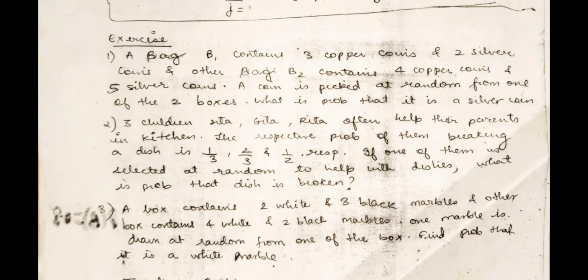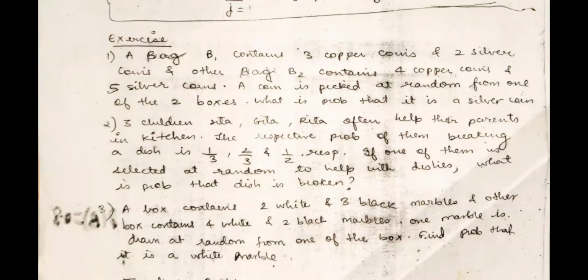Now what happens when they go to the kitchen? They break a dish. Whenever they're cleaning, they tend to break a dish. What are the chances of them breaking the dish? For the first one, there is a one third chance. The second probability is 2 by 3. The third is 1/2.